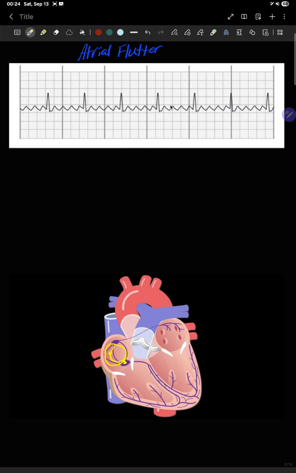When this little guy is discharging at this rate, he's sending it at about 250 to 300 beats per minute.